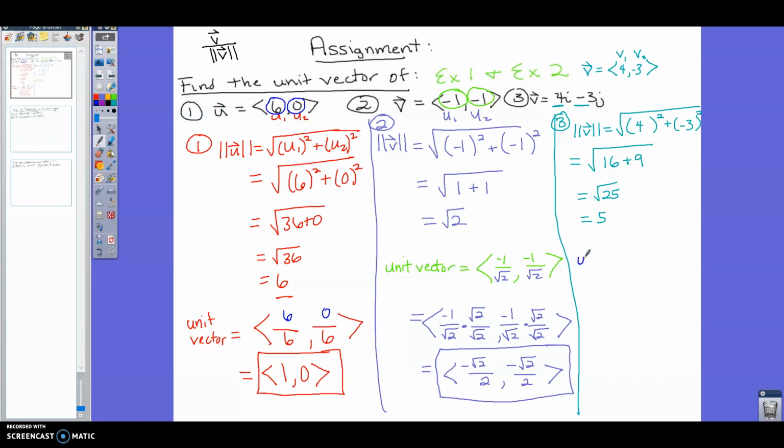So now when we find the unit vector, we're going to take each of our components, 4 and negative 3, and we're going to divide them by the magnitude, which is 5. Now on this one, if we could simplify the fractions, we would, but these are already simplified for us, so this is our answer.